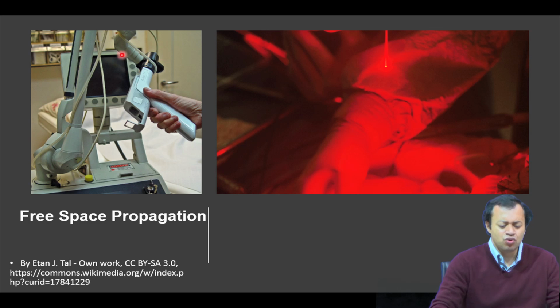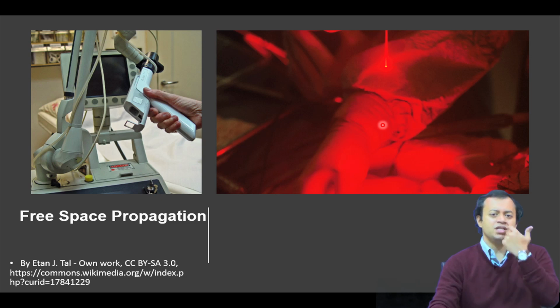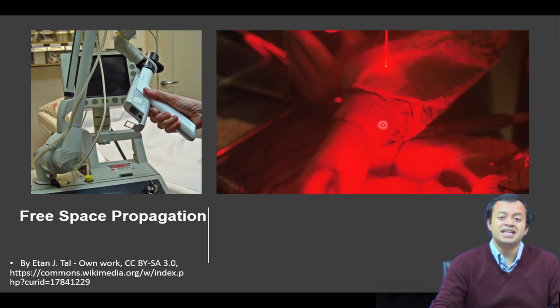Free space propagation, you use a laser. This is like a laser gun, and you shine the light onto some part of the human body. Case in point, as I said, dermatological processes, which usually involve the external surfaces of the body, though not always. You can point it in your mouth, or mostly they use it in laser eye surgery, cataract operation as such.